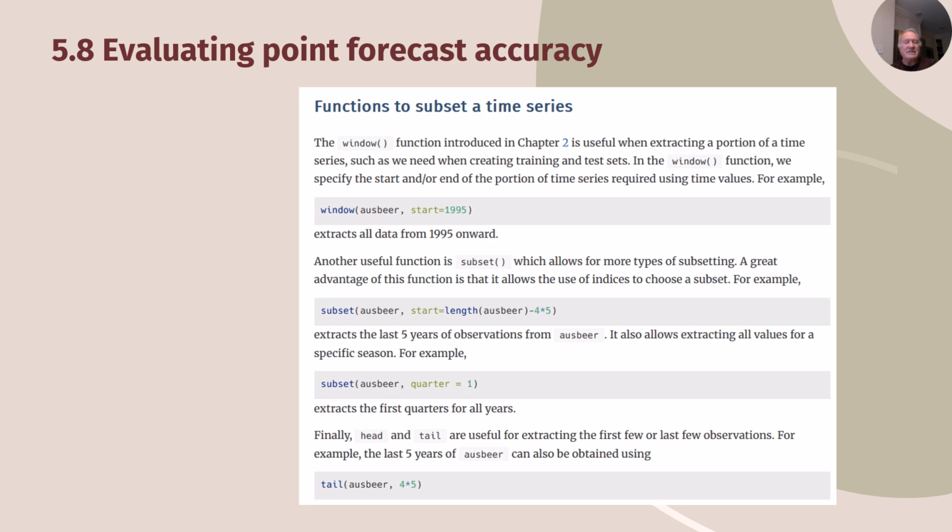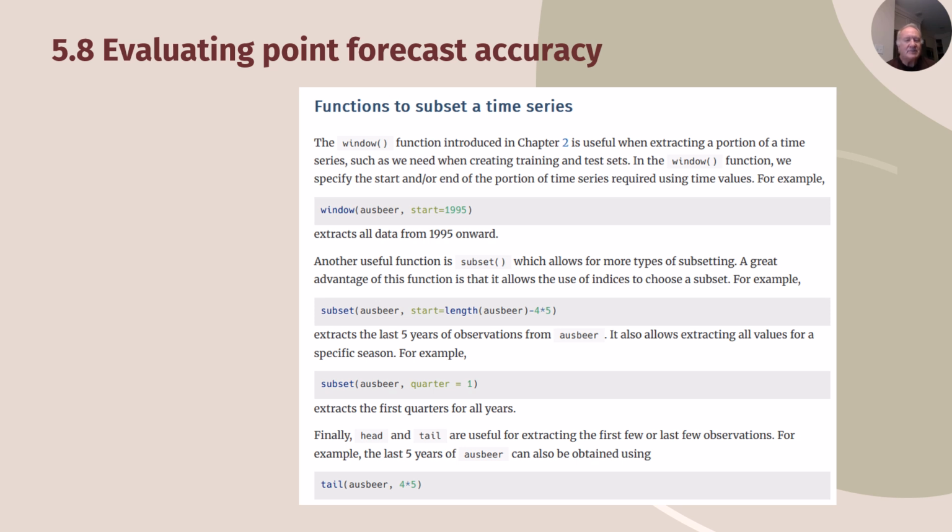Another useful function is subset, which allows for more types of subsetting. A great advantage of this function is that it allows for use of indices to choose a subset. So for example, in this case, we could use the length of 4 times 5, which extracts the last 5 years of an observation, and it allows for extracting all values for a specific season.